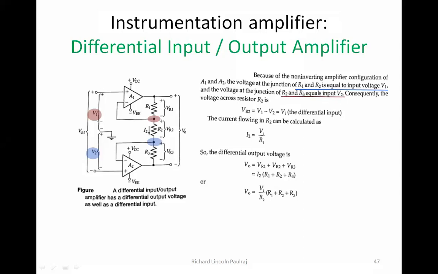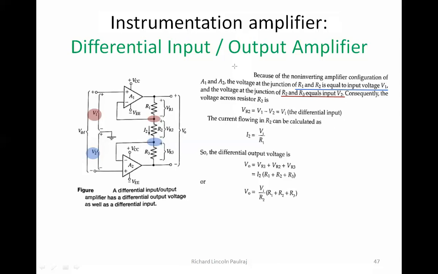Ultimately, you should understand that the op-amp is able to replicate whatever voltages are at the input side towards the output, along with massive gain. Consequently, the voltage across resistor R2, VR2, since here it is equal to V1 and here it is equal to V2, I can directly write as V1 minus V2, which is nothing but the differential input.